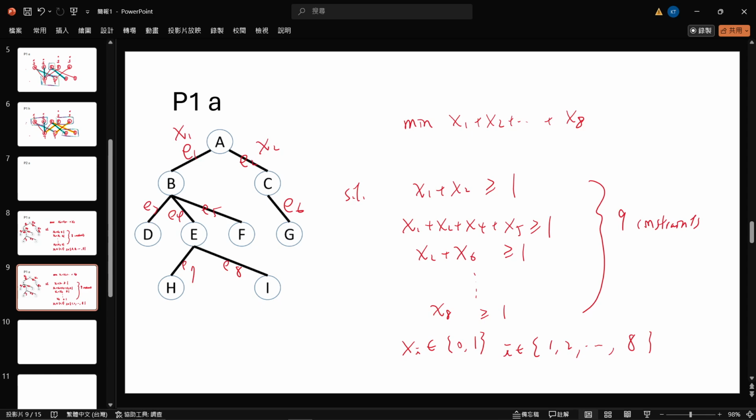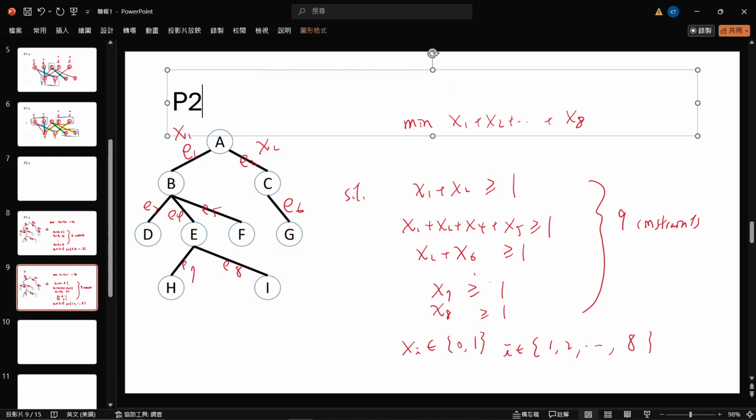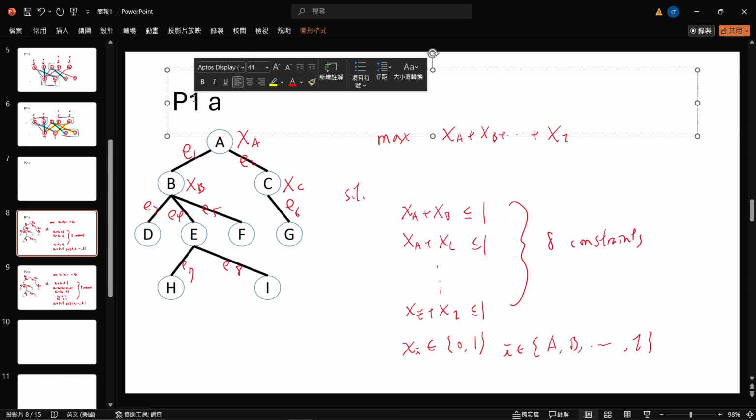So in any feasible solution, x8 is 1, and similarly x7 is also 1. To cover H, we have this constraint, okay? Right, so this is problem 2, subproblem B.